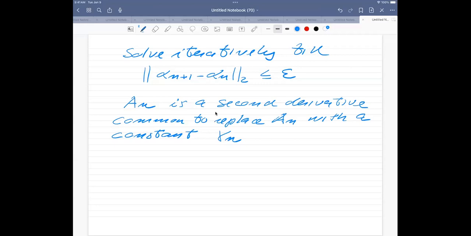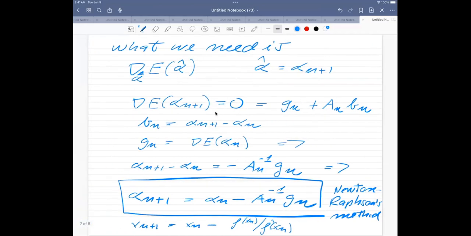And if we call the basic method Newton-Raphson, you can find methods where we try to find an estimate of this second derivative, which are called quasi-Newton methods. And these are methods which you will see implemented in a library like SciPy, Scientific Python. And we are going to discuss one of these methods next week.